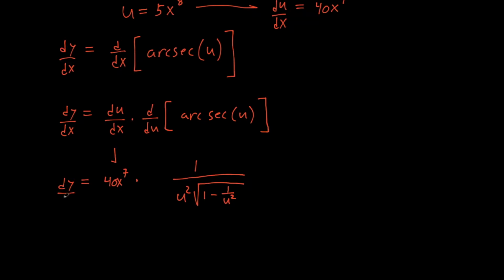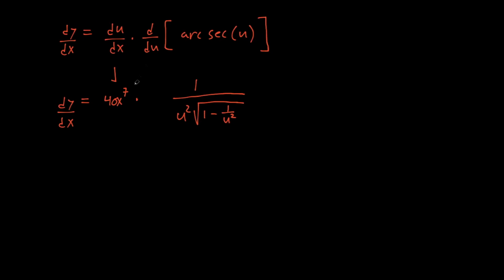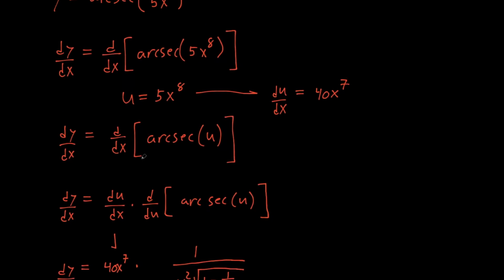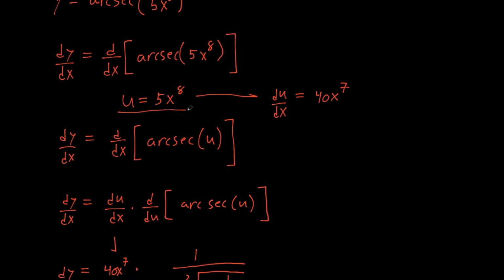And we can rewrite this by first multiplying, and also undoing our u substitution, because we've taken the derivative. So dy/dx equals 40x to the 7th times 1 is equal to 40x to the 7th, and that's all going to be over, we set up here that u is equal to 5x to the 8th.